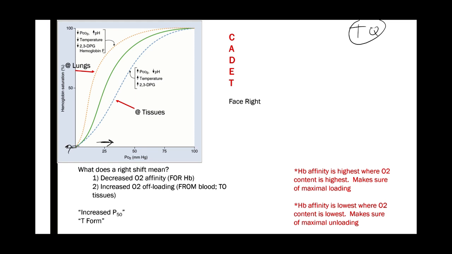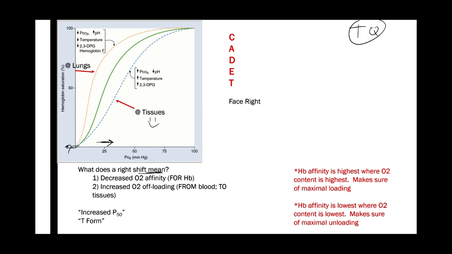Okay, so some important concepts. What does a right shift actually mean? That means there's decreased oxygen affinity for hemoglobin. It also means there's going to be increased oxygen offloading from the blood into the tissue. So again, we want a right shift at the tissues.